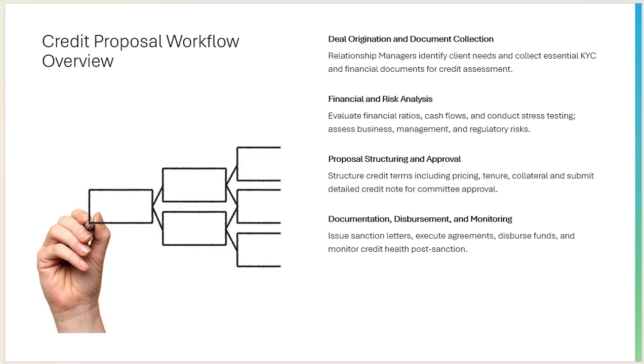This workflow typically begins with deal origination, where the relationship manager identifies the client's needs and conducts a preliminary discussion to understand the borrowing requirement. During this stage, the RM gathers initial insights into the borrower's business model, financial health, and proposed credit facility, ensuring alignment with the institution's credit appetite.